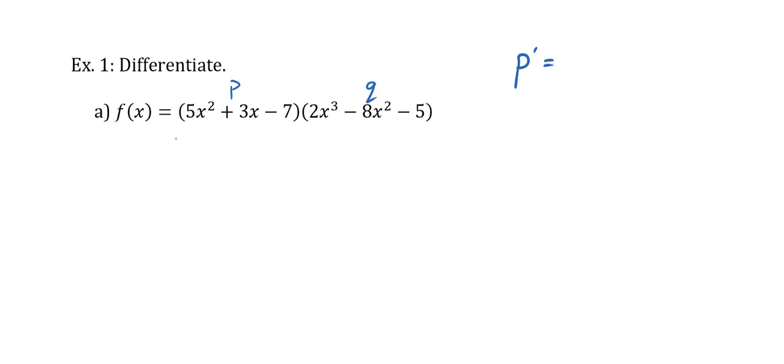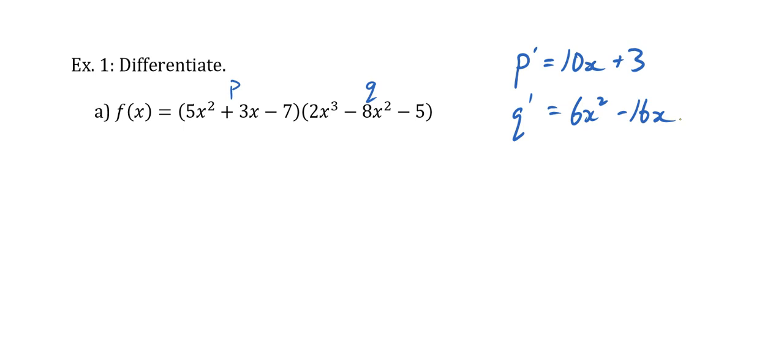But P prime, if I take the derivative of P, I'm going to get 5x squared, that's 10x plus 3. And Q prime is 6x squared minus 16x.